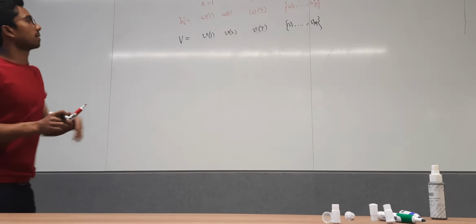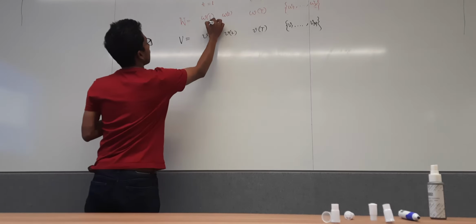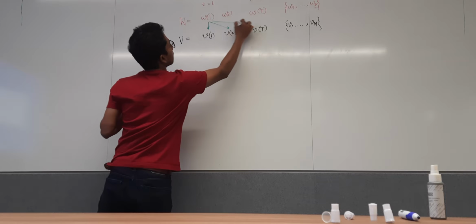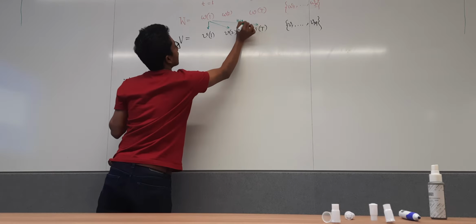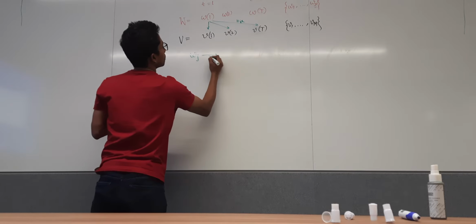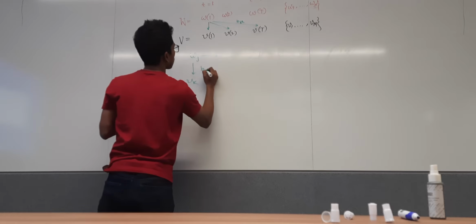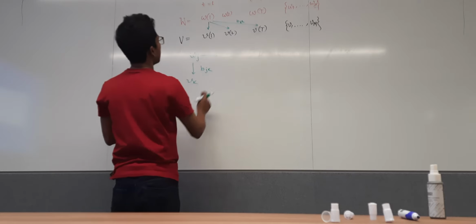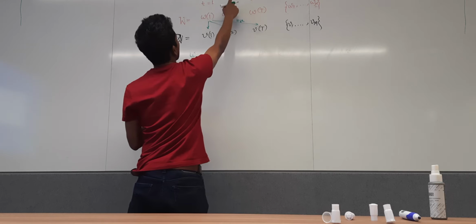Any of those it can transit to, and these are denoted by b jk. That means from state omega j to state vk, the probability is bjk.